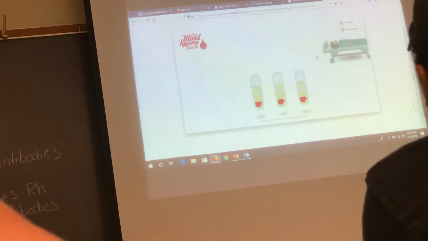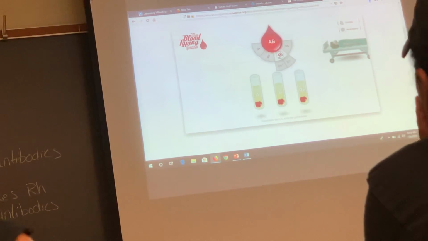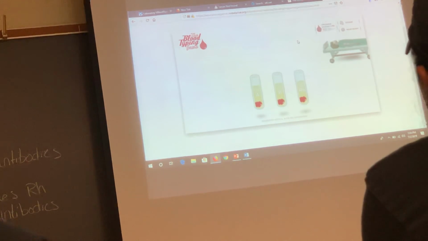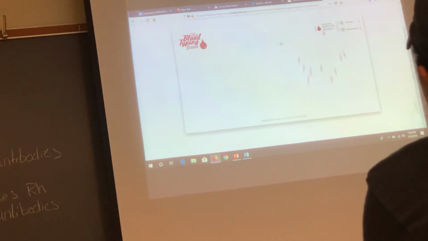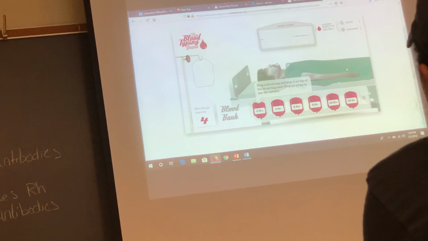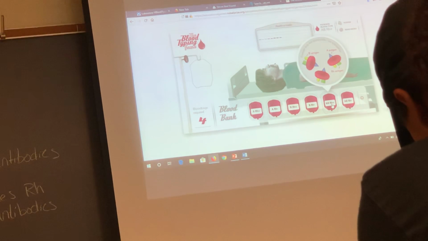Oh, it's this one. AB positive. A and B positive. You have all 3 antigens there. Okay, AB positive. Yeah, so they get 4 blood bags. AB positive would be the complete and ultimate universal recipient, right?